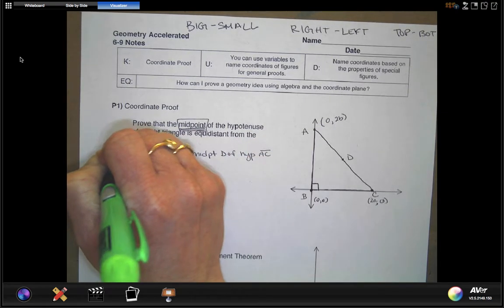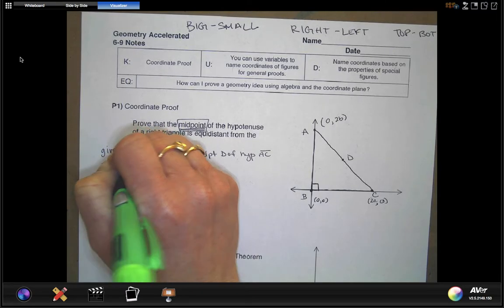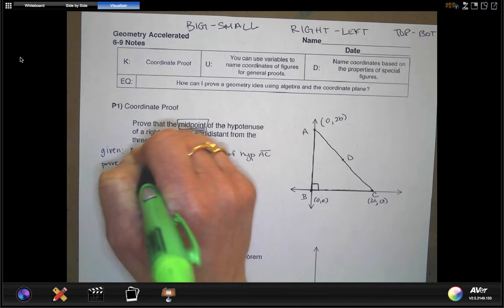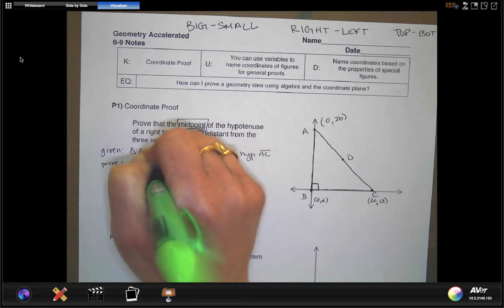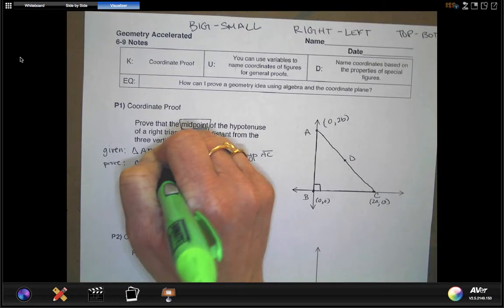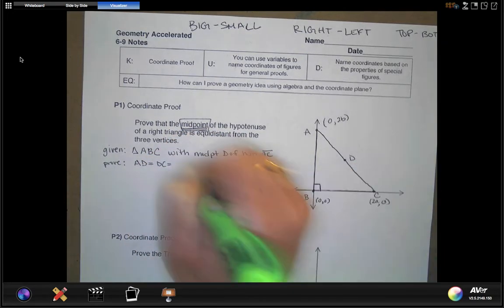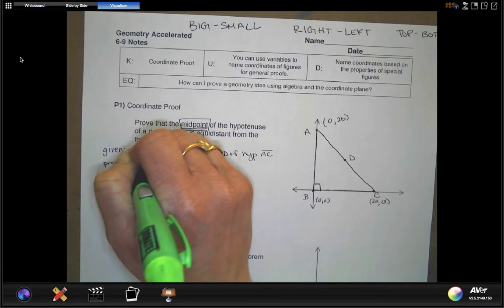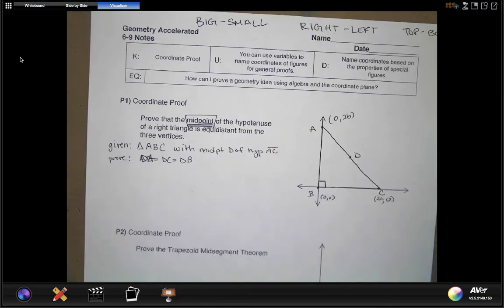And I want to prove that the distance from that midpoint, so I had to give that midpoint a name so I could show that DA is equal to DC, or CD is equal to DB. Okay, so I had to give that a name so I could show that all those lengths are equal to each other.